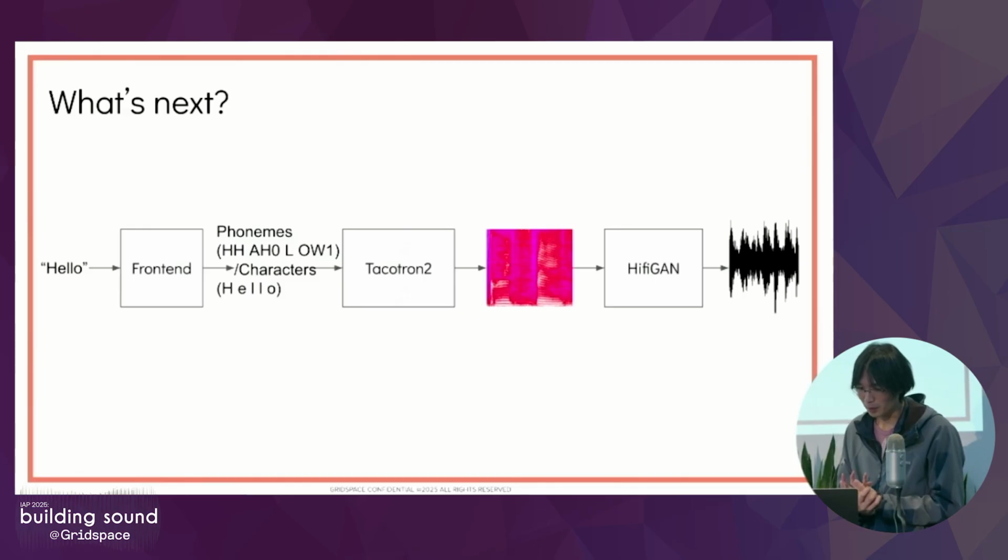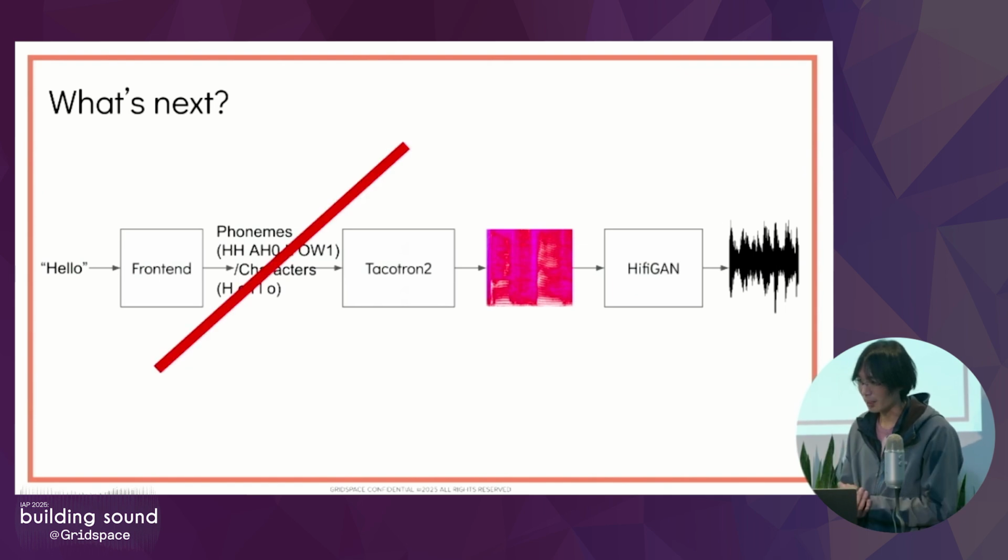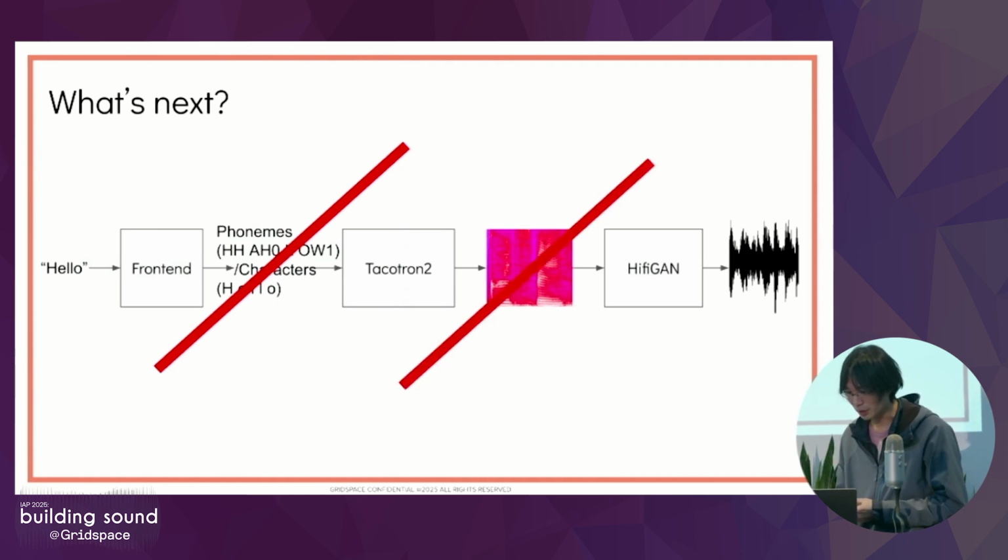So at this point, maybe you would be wondering what is going to happen next. What happens next in the history of TTS is that we just get rid of things that are engineered by humans. We no longer use engineered linguistic features. We no longer use this mel spectrogram intermediately.